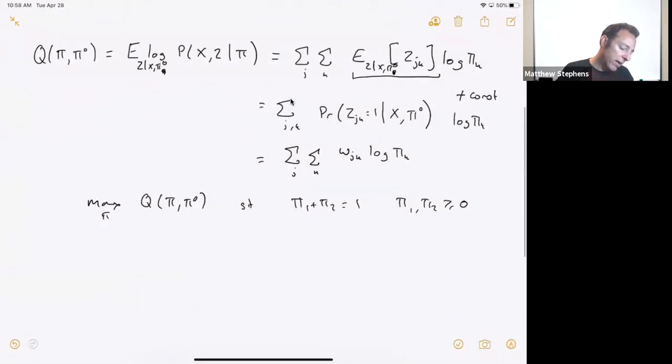So if you look at this, it looks just like a binomial optimization problem. And in fact, if you just use the usual way of finding the MLEs for a binomial, you find that pi 1 hat is equal to the sum over j of Wj1 over the sum over k, sum over j of Wjk.